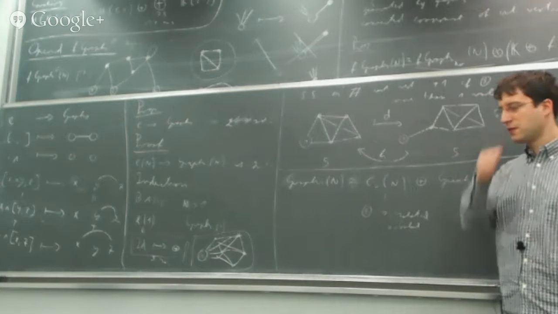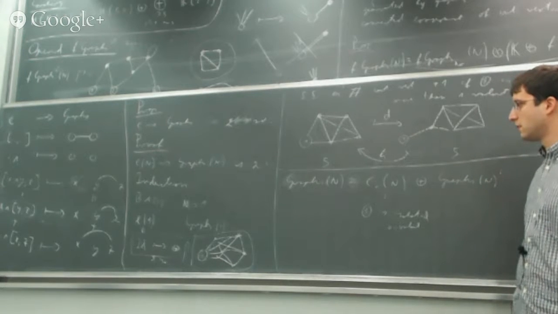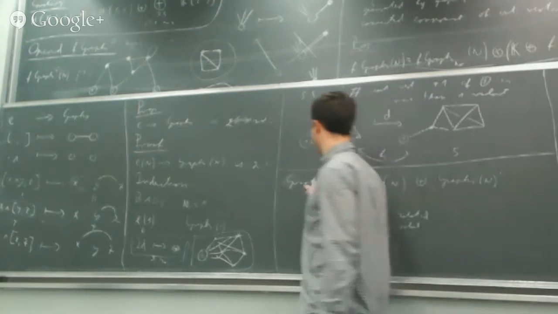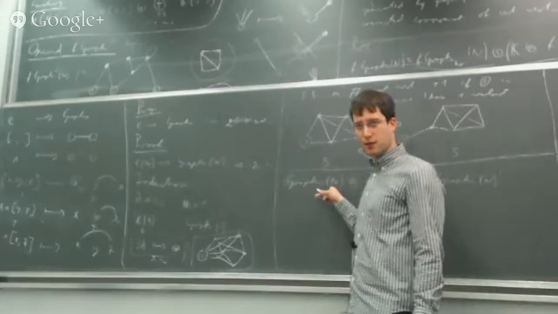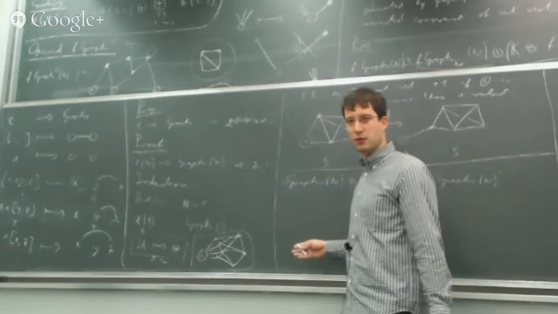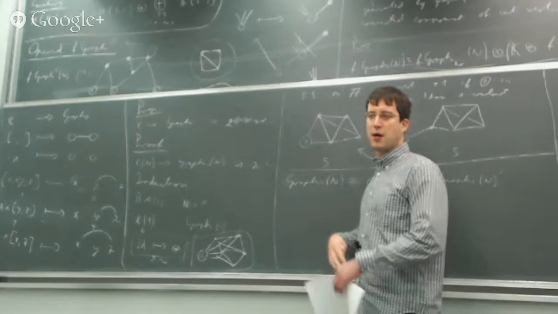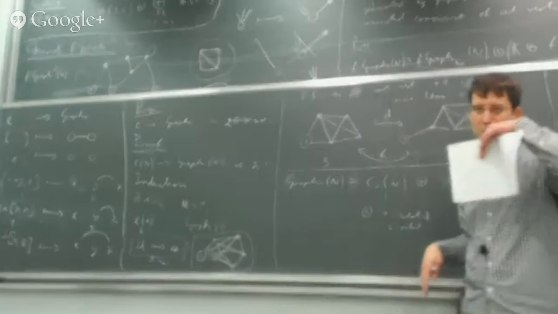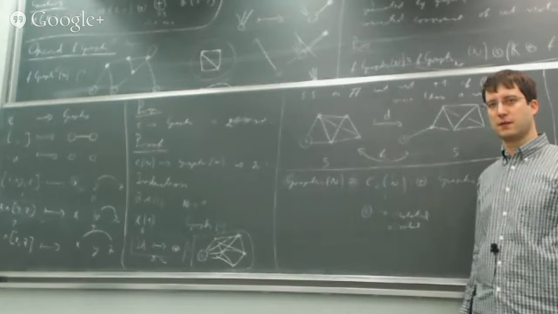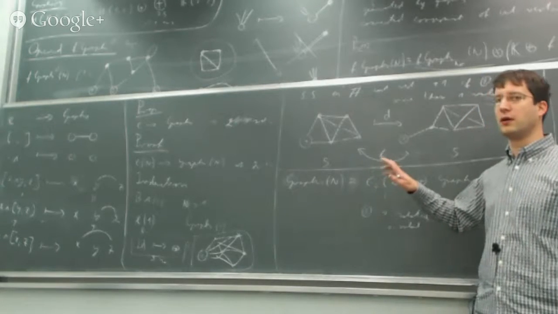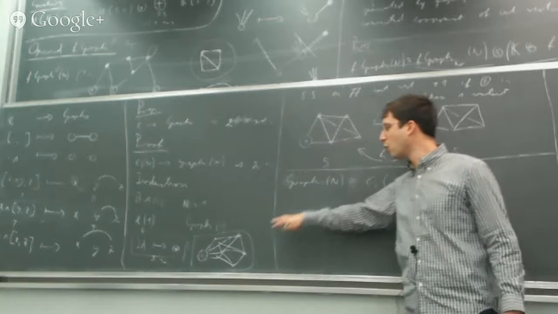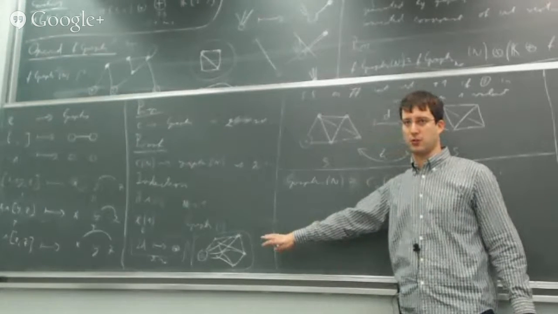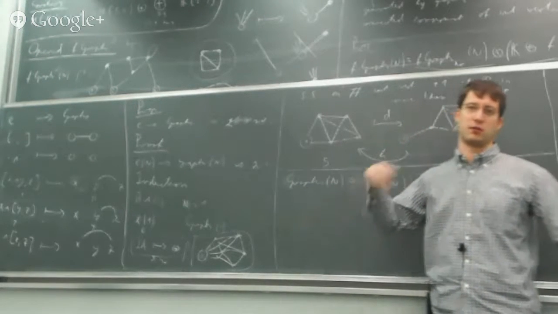Once again, what was graphs? I have n external vertices, arbitrary many internal vertices, and arbitrary edges between them. The graphs have to be connected, and there is no internal connected component, so everything internal is connected to something external.